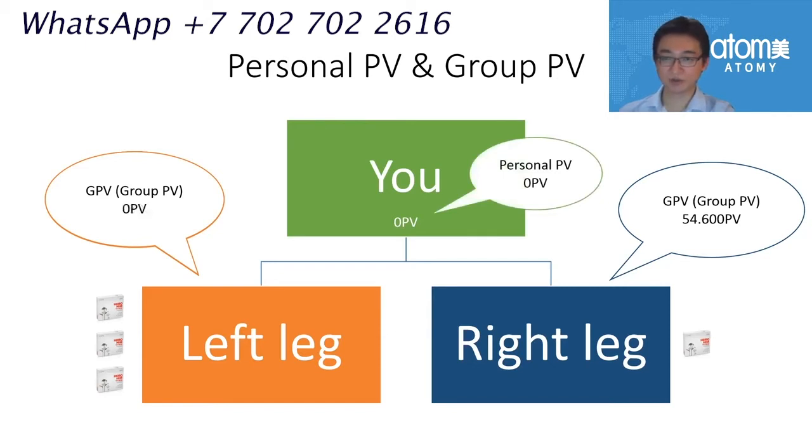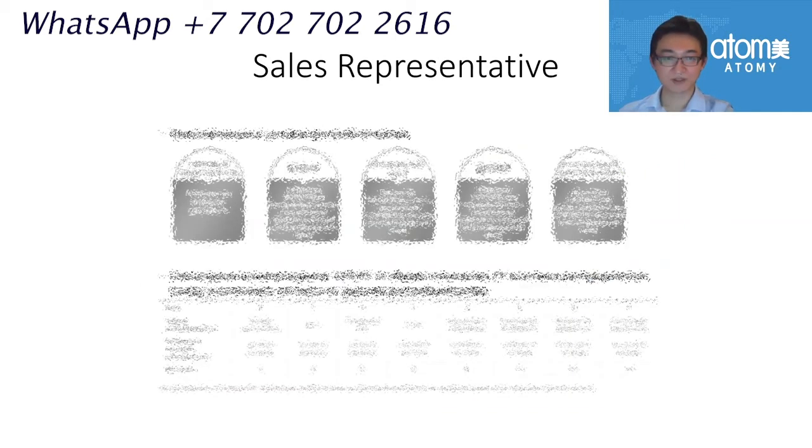So in order to start earning money in Atomy, you need at least 10,000 PV. Let's take a closer look at this. The first status, the first level of distribution in Atomy, is sales representative. And in order to become sales representative, you need to accumulate 10,000 PV.